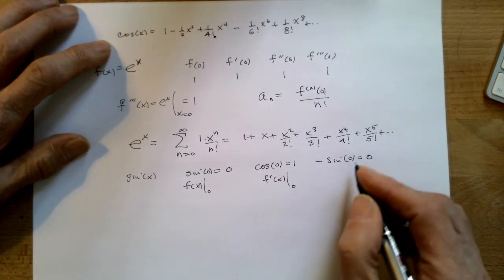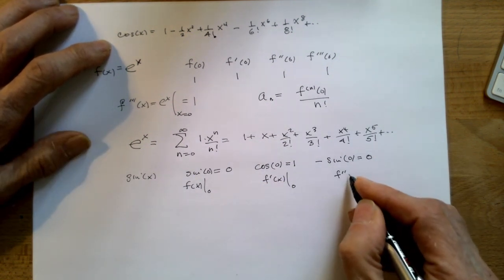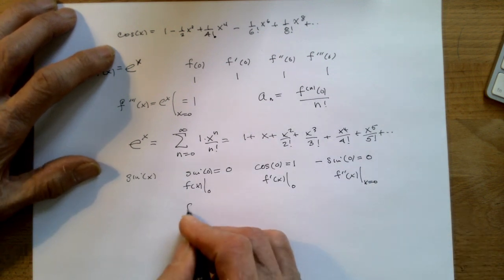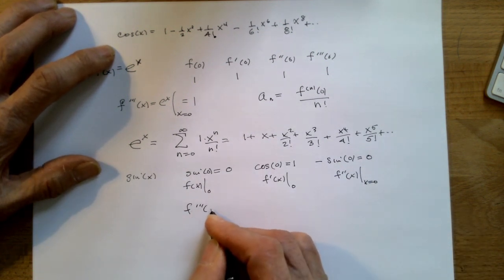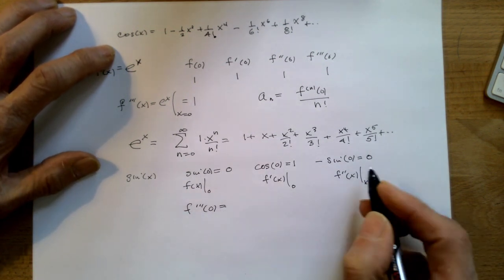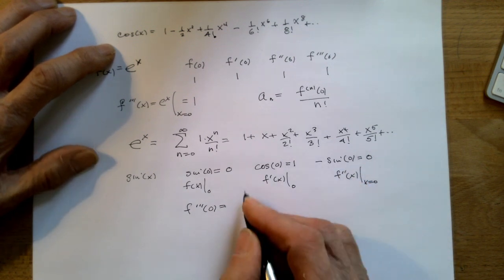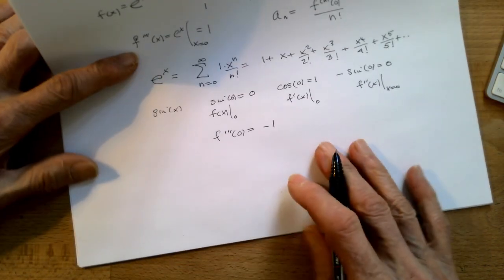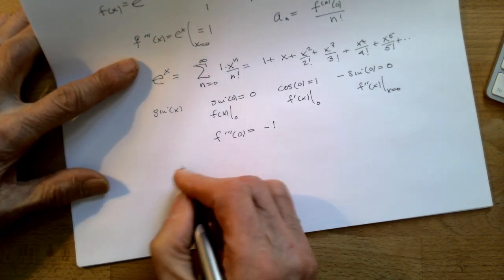And the third, so this would be the second derivative at x equals 0. And the third derivative at 0, of course, is the derivative of minus sine, which is minus the cos, so I get minus 1. So it looks like this. Sine looks like this.